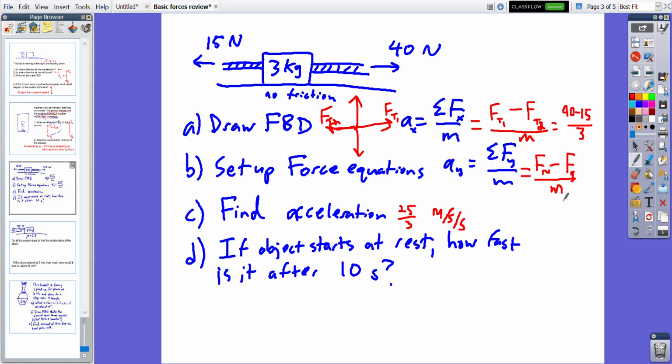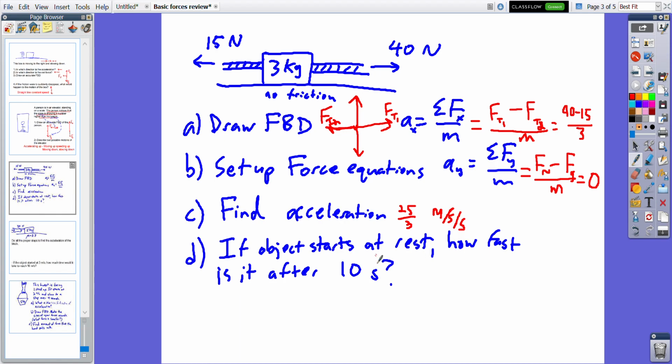Now in this case, since you know it's not moving in the vertical direction, you would actually plug in 0 for A. Now you don't really need that for part C or part D, really. You only really need the first one for part C. But I want you to set up anyways, just for practice sake.